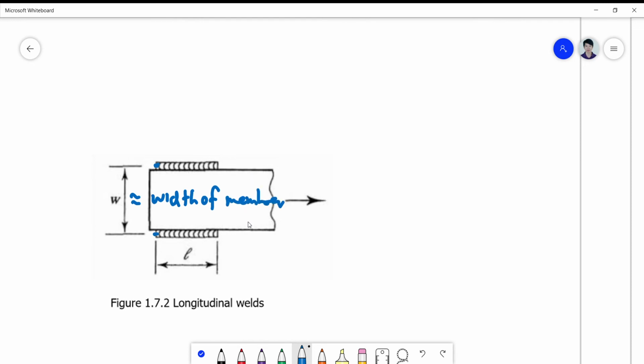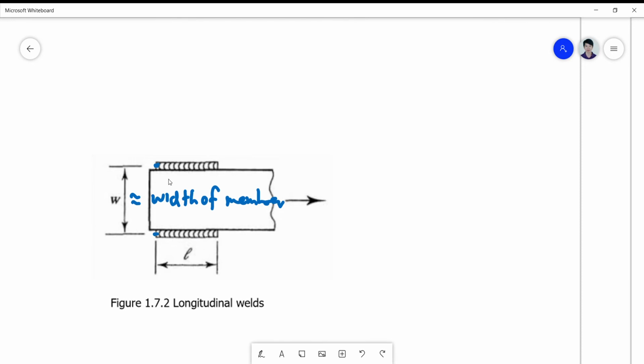If this is a plate, it is the width of the plate. If it is an angle bar, it's the width of the leg of the angle bar. So this is now your W. And the length, of course, is measured on the basis of how long the weld was made.